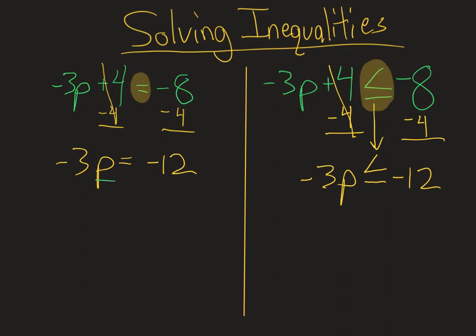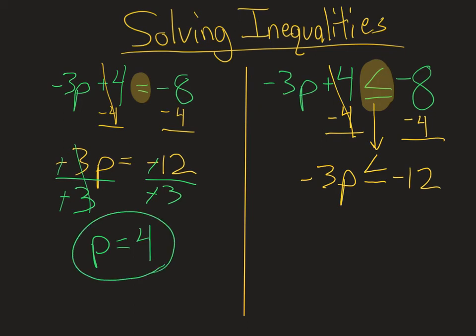I've got a p that's multiplying with negative 3, so I'm going to divide. I'm going to divide off the 3, and it's negative on both sides. Do it on both sides to keep the equation balanced, and I get for p, after I cancel negatives, p equals 4. Let's look at the right-hand side. I'm going to do the exact same thing.